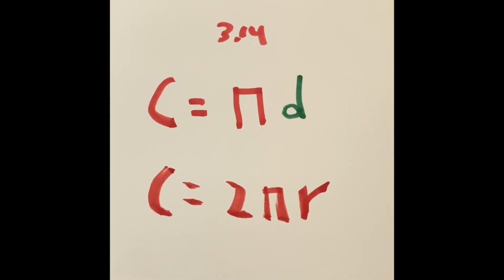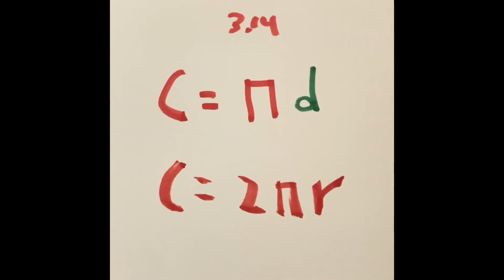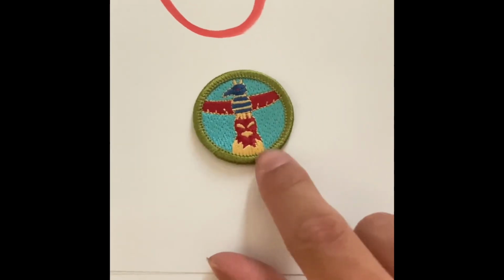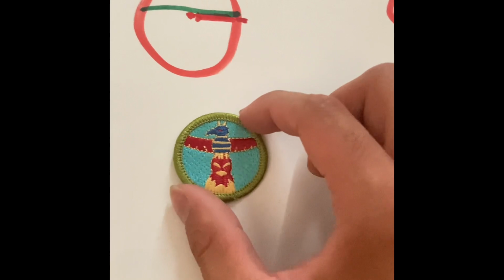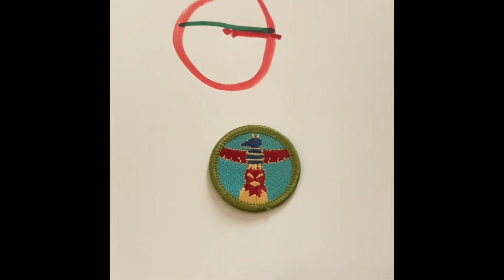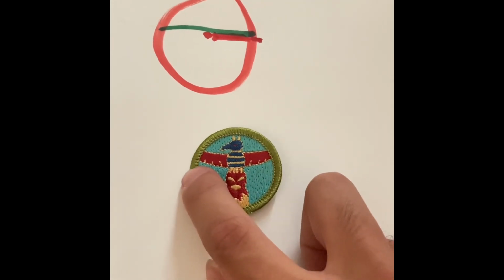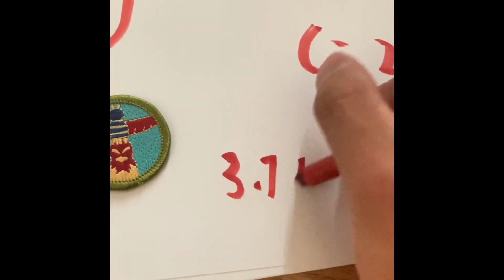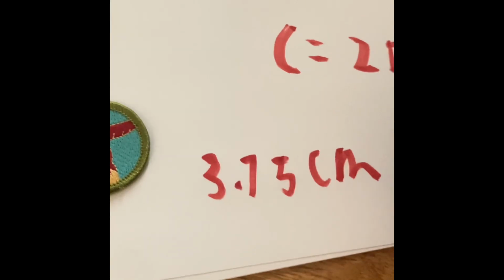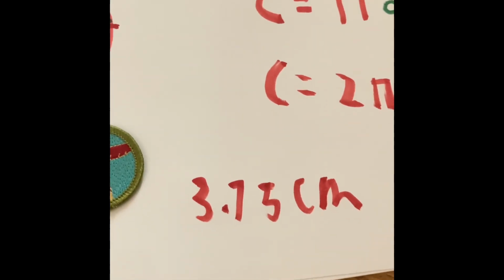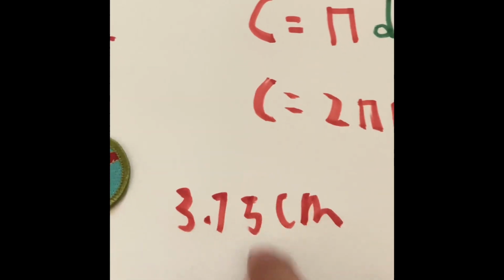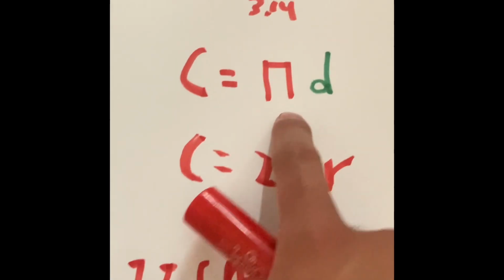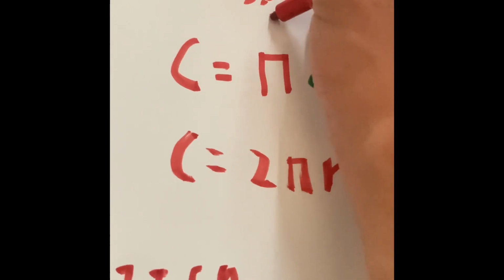Let's start solving the circumference of this merit badge right here. This one is wood carving. I got that from summer camp last week. So, if you measure the badge from here to there, it's going to measure 3.75 centimeters in diameter. The only thing we gotta do to find the circumference is multiply 3.75 times 3.14, or as in pi.